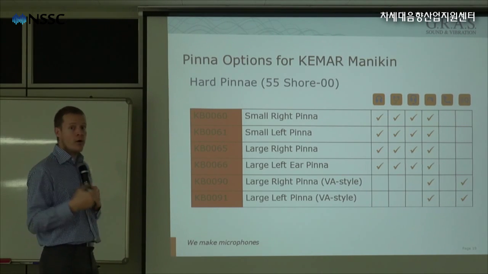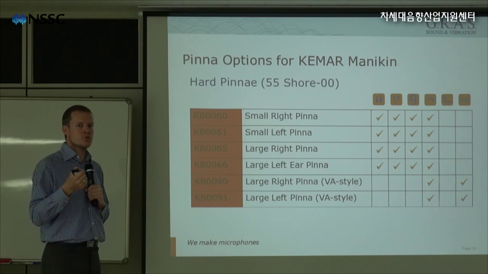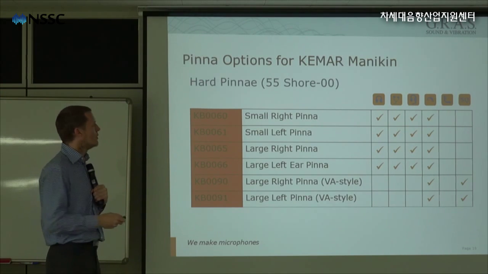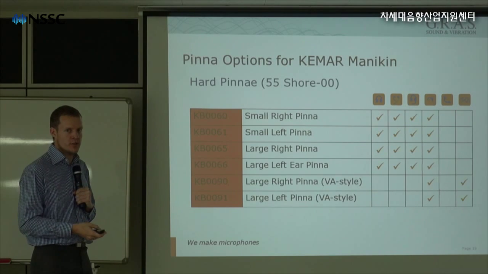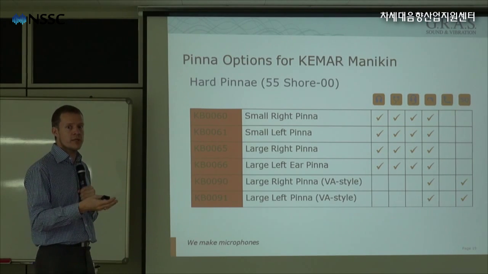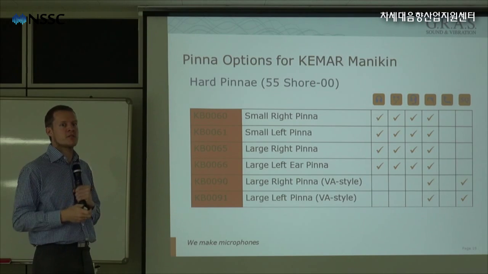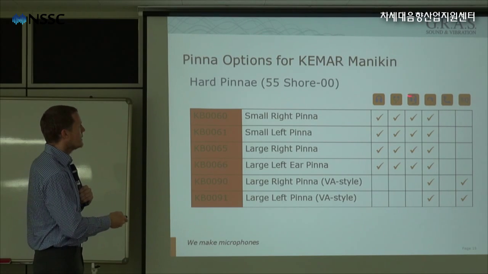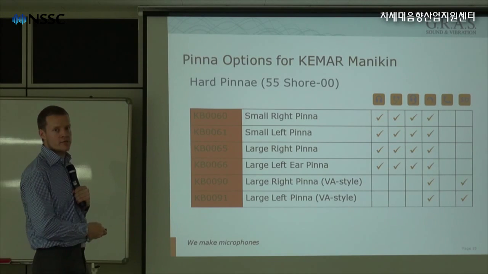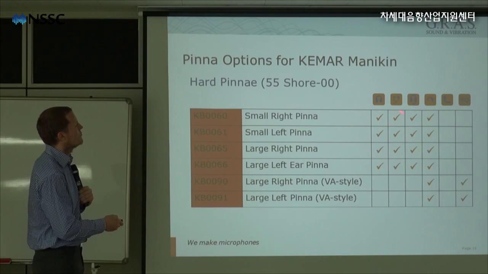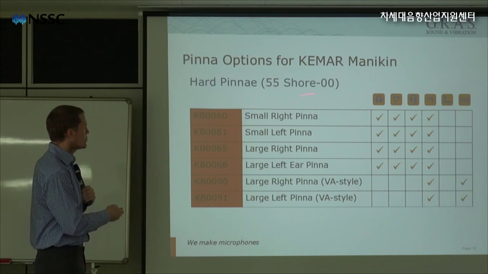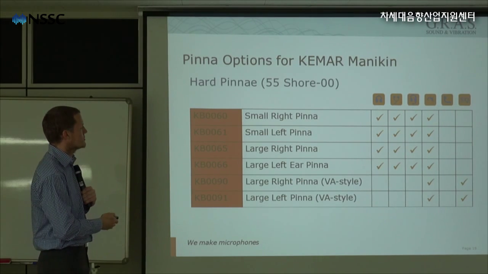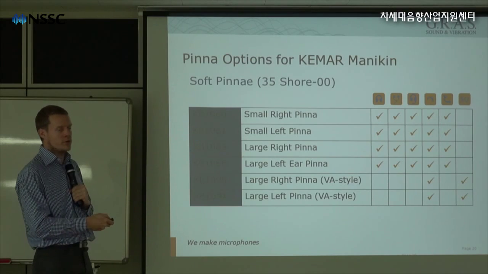Depending on the application that you need to use the KEMAR for, you have to equip it with the correct ear for the measurement, or maybe have several ears so that you can do different kinds of testing. And here is a table showing what ear is required for what kind of test. This is the recommendation by G.R.A.S., because you can actually use all the ears in different kinds of tests, depending on what you need.